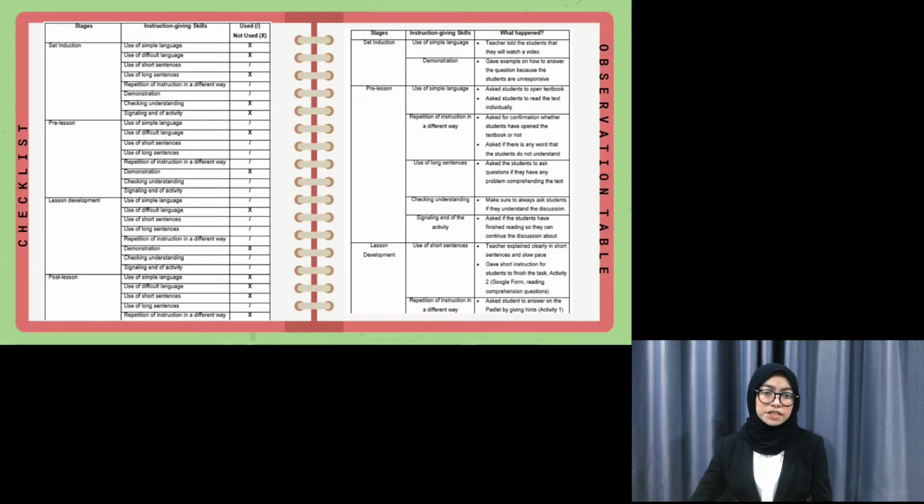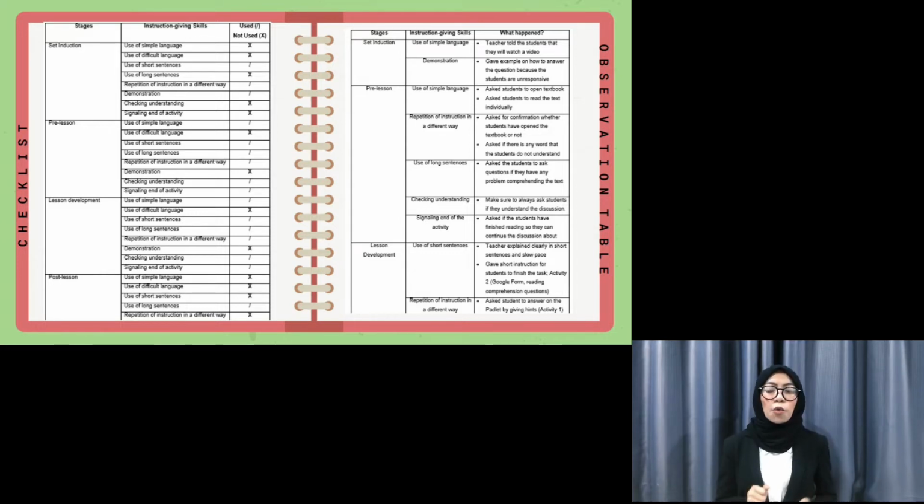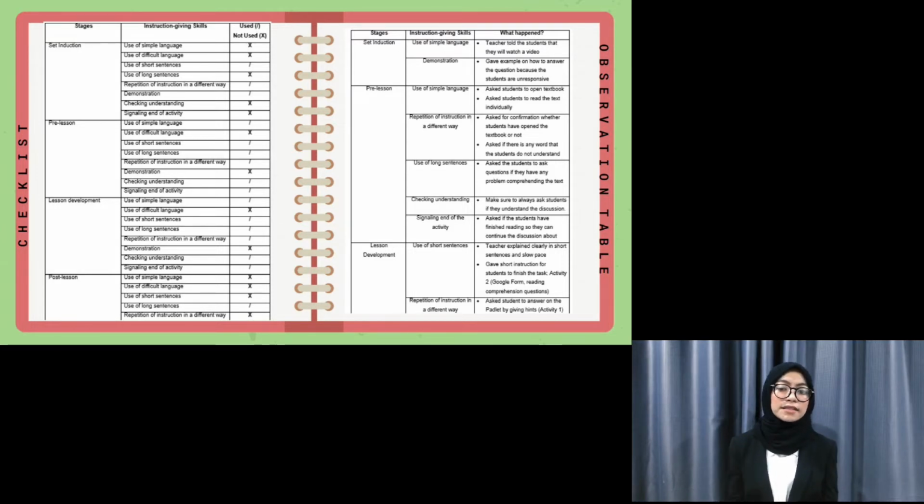The observation table is the continuation of the checklist. It is used to record what happened during the class when I use the instruction giving skills. Based on the data that I have collected, I can conclude that the impacts differ for each of the instruction giving skills listed there.